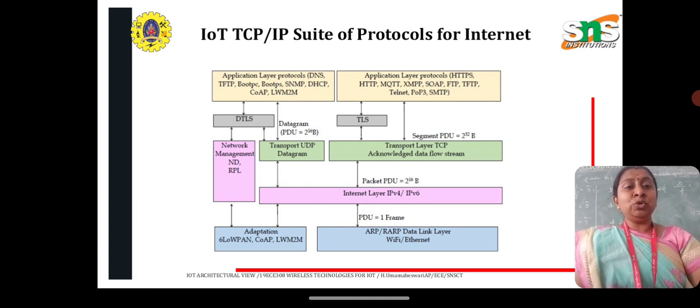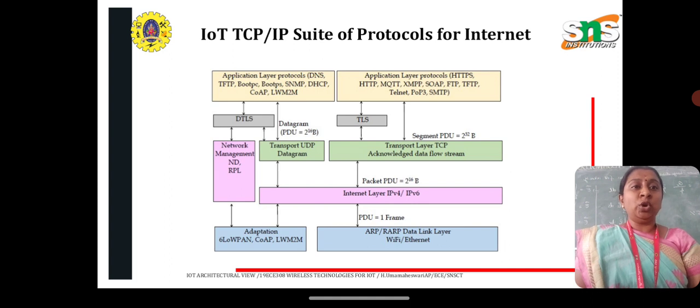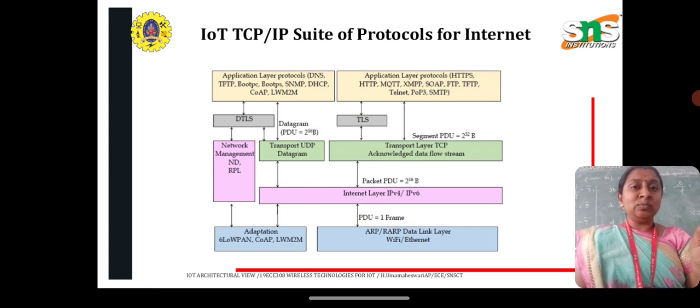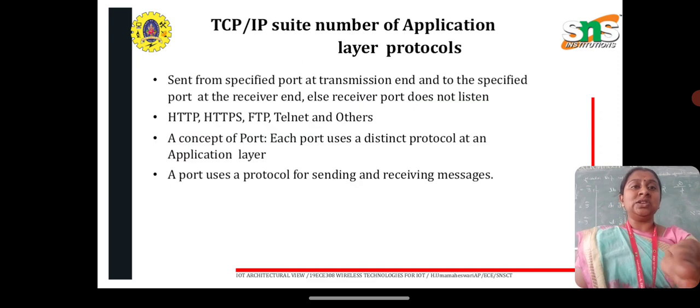Then MQTT, it is nothing but message queue telemetry transport protocol, XMPP, extensible messaging and presence protocol, SMTP, simple mail transfer protocol, which are used in the various layers in order to transfer data from the source to the destination end. Here the data is sent from the specified port at the transmission end to the specified port at the receiver end.